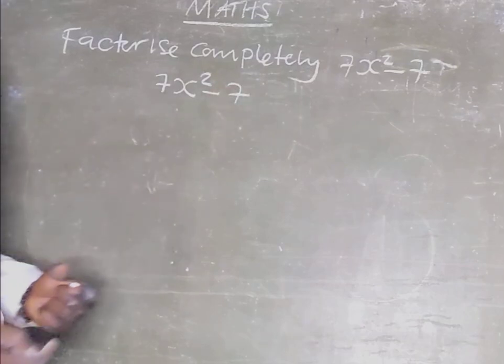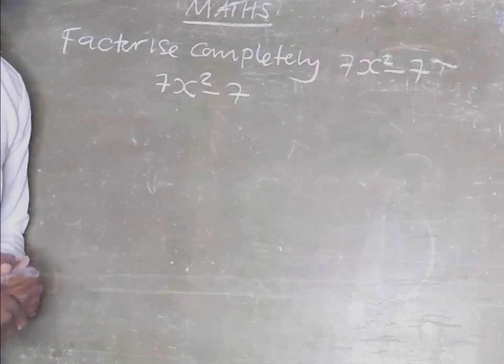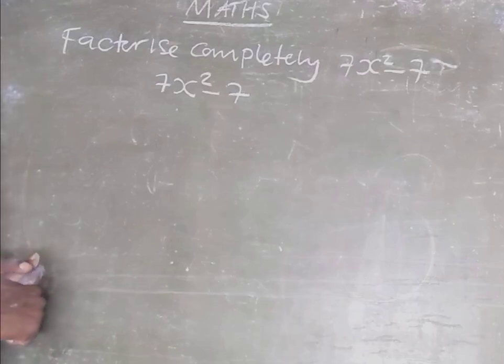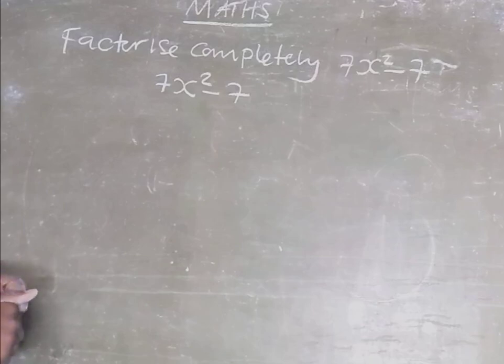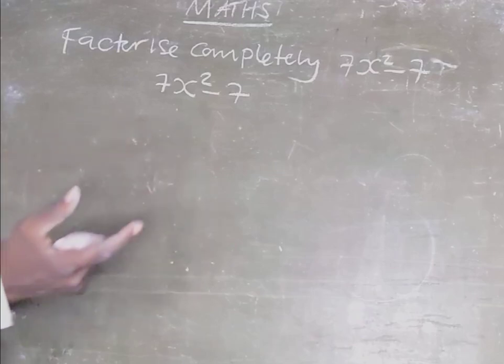To factorize simply means you need to first of all find the common factor. The common factor is the factor that we're going to use to divide into both sides, so it's anything that can go into both sides.